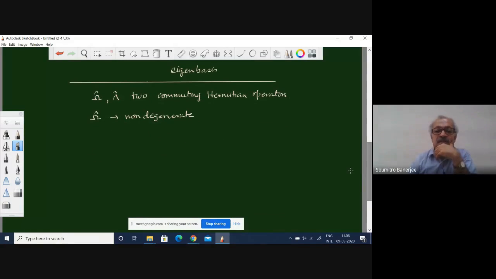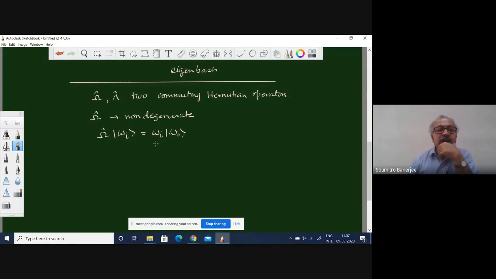So if omega is non-degenerate and we consider an eigenvector, you have the omega operator operating on the eigenvector omega I, that will give the eigenvalue times the eigenvector. This is the symbol of a vector, so this is the eigenvector, and this without the ket symbol is a number, that is the eigenvalue.